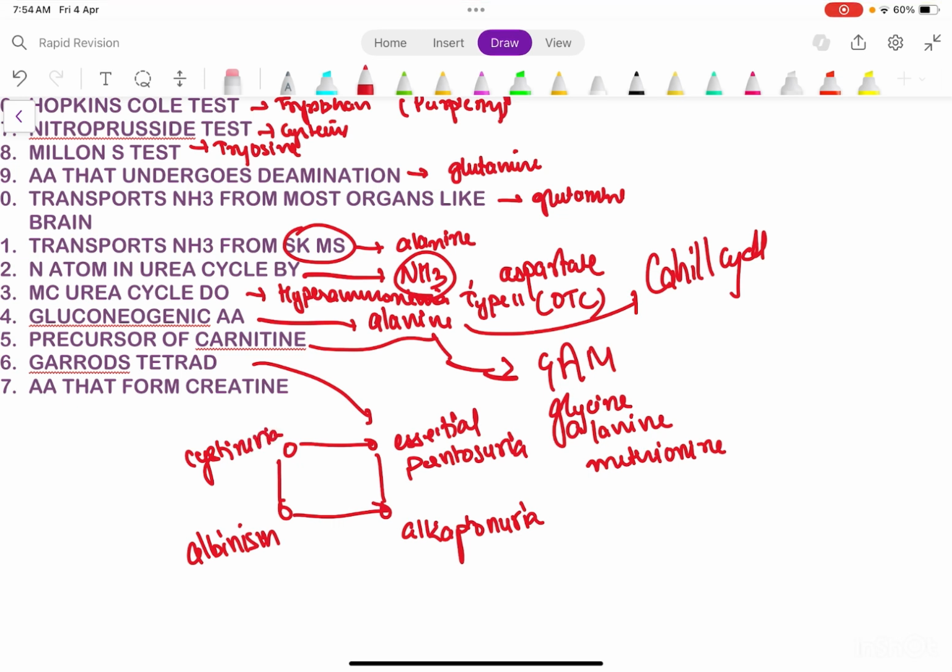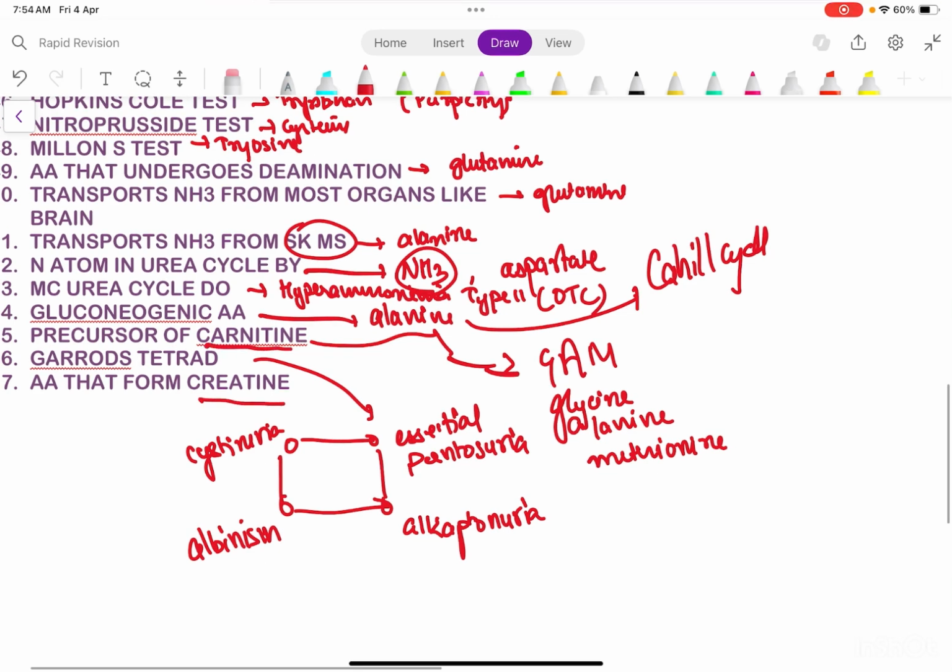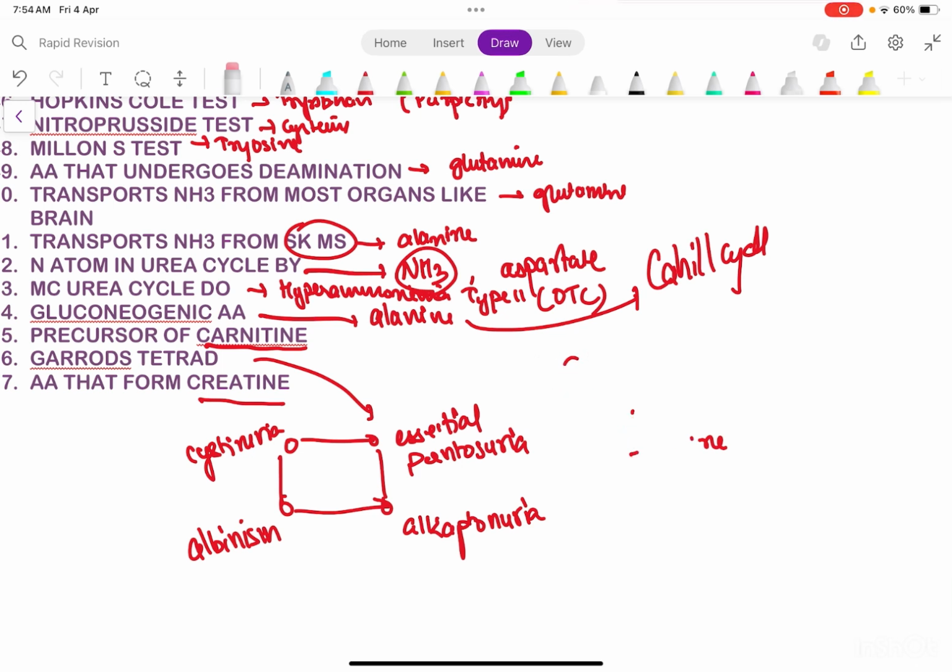Then the question of which amino acids form carnitine and creatine. Creatine and carnitine are different.